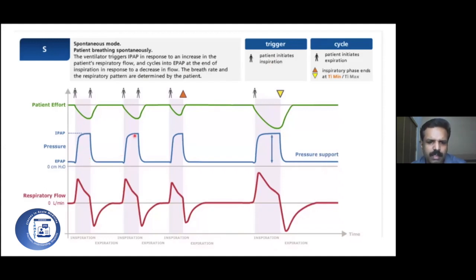These are all the patient's efforts. In between, if the patient is not breathing, then another breath is produced. The inspiratory phase ends at TI minimum, which we will come to later.